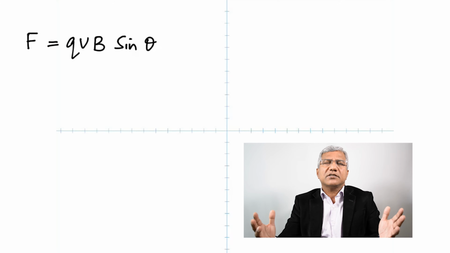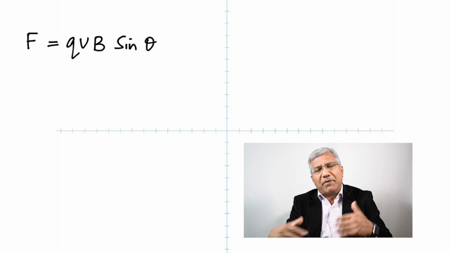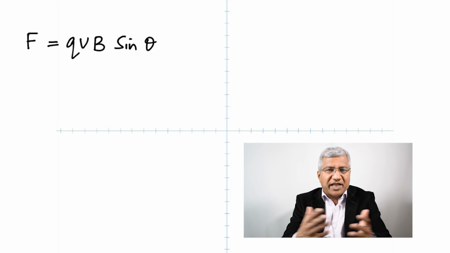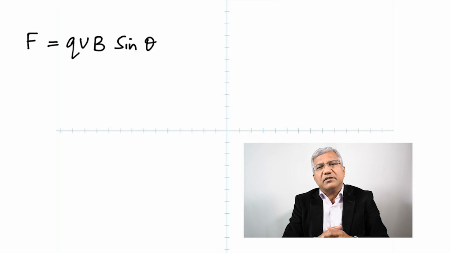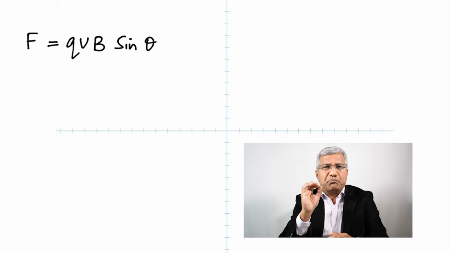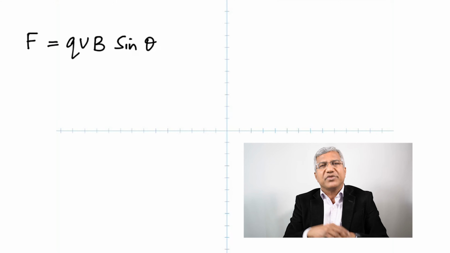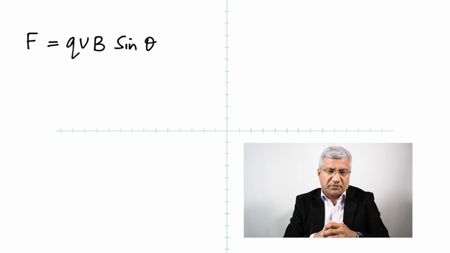So the next question is, when does maximum force act on it? The answer: if the angle between the velocity and the magnetic field is 90 degrees, or if the particle moves perpendicular to the magnetic field, then the force becomes maximum.